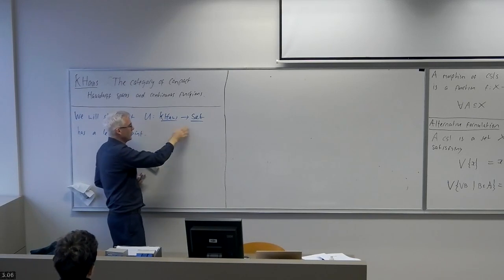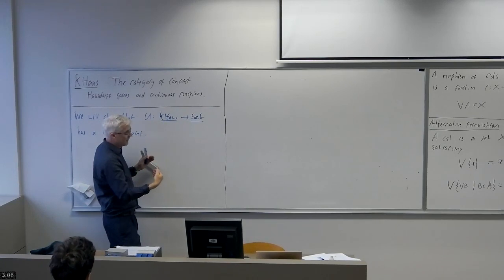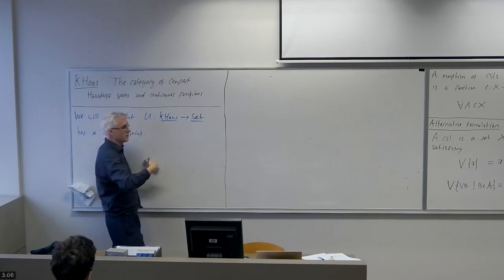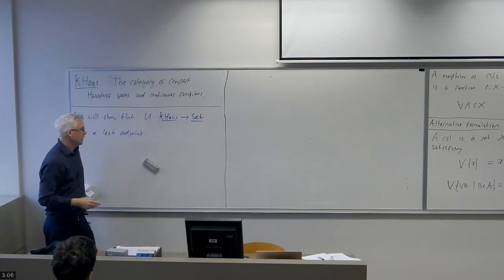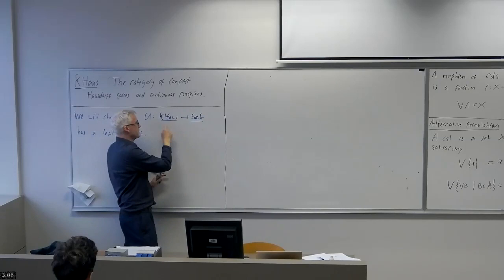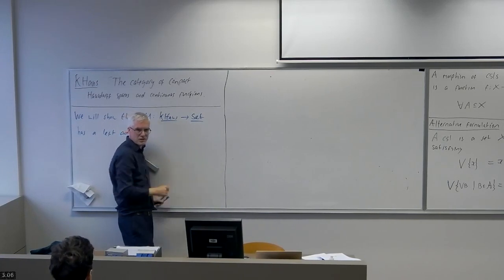Then you can compose that with the left adjoint for the forgetful functor from topological spaces to sets, and that gives you the left adjoint for the whole composite. Alternatively, you can construct this directly by forming a topological space on the set of ultrafilters over the set X, and that gives you a compact Hausdorff topology. So these are explicit constructions.